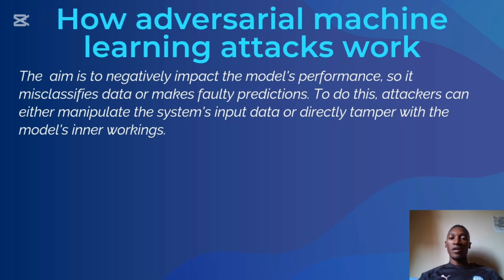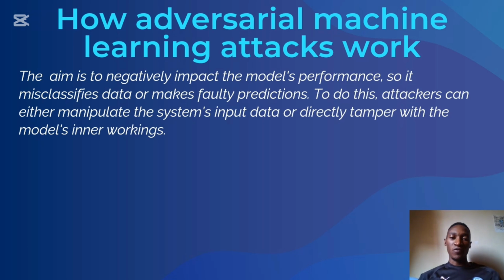On the side of the attackers, the aim is to impact the model's performance so that it can misclassify data or make faulty predictions. So attackers will either manipulate the system's input data or they elect to tamper with the model's code so that it misclassifies or gives bad output.